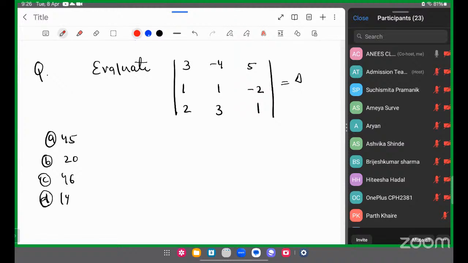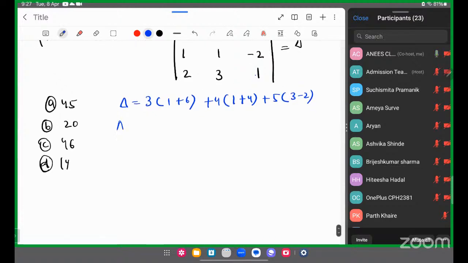How will you solve it? Just simplify it. According to R1, if you will expand, you will get 3. This will be deleted. This will be deleted. 1 plus 6. Minus 4 will be plus 4 according to convention. So this will be 1 plus 4 plus 5. 3 minus 2.